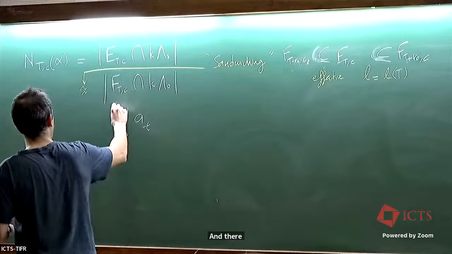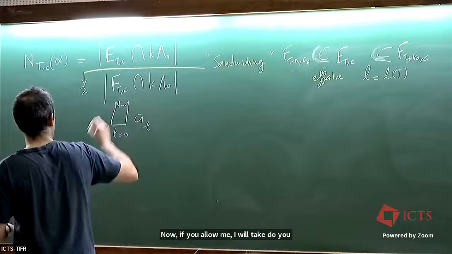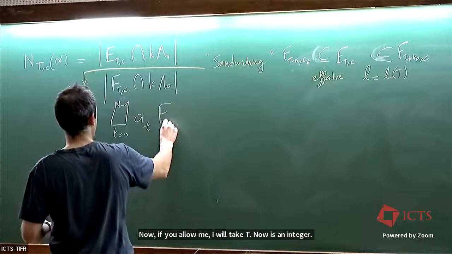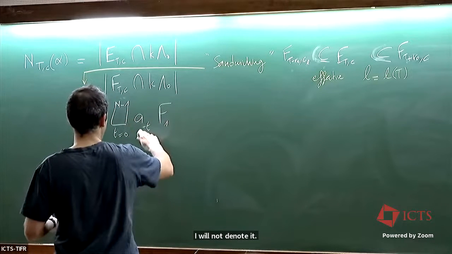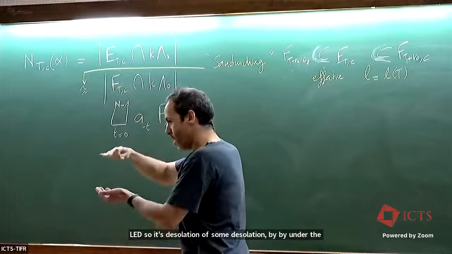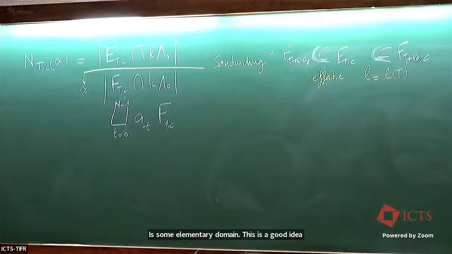Now, if you allow me, I will take T as an integer. I will denote it N. So it's some tessellation under the subgroup A, and here F1C is some elementary domain. This is again the idea you talked about earlier this week. We bring everything to height 1.